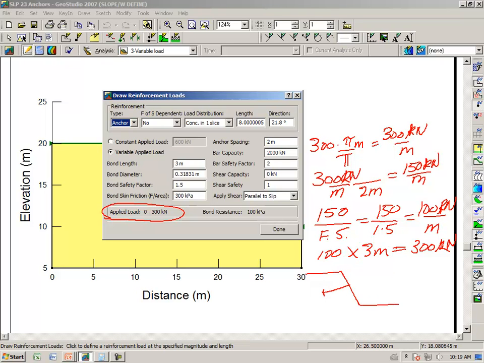If the slip surface goes behind the bond length, then the anchor simply goes for a ride and we get 0. If the slip surface is in front of the bond, the maximum we can get out of the bond is 300, so the applied load could be anywhere between 0 and 300 kilonewtons.